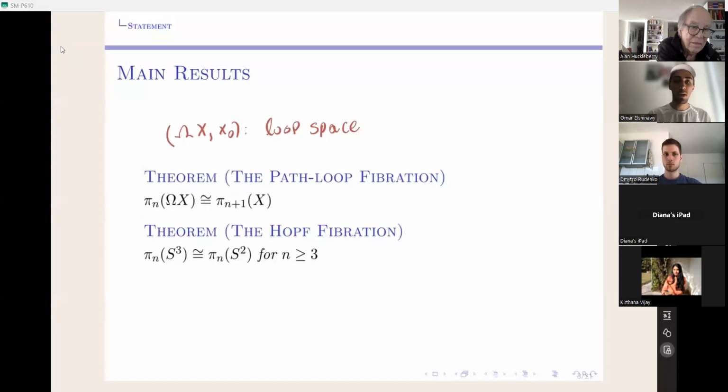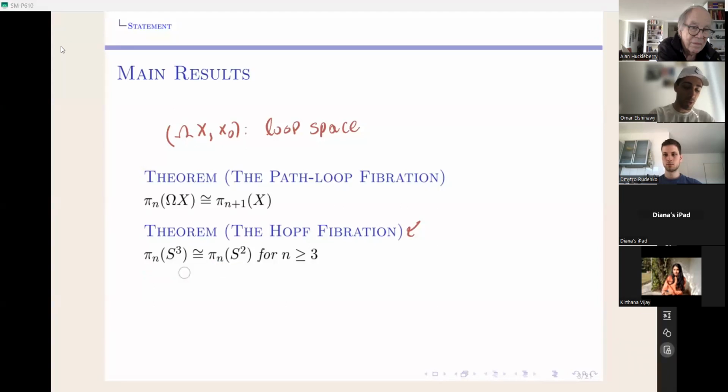So just to give you context, this second result, which is the Hopf fibration, let's look at it now. So you have pi n of S3, which is isomorphic to pi n of S2 for all n greater than or equal to 3.